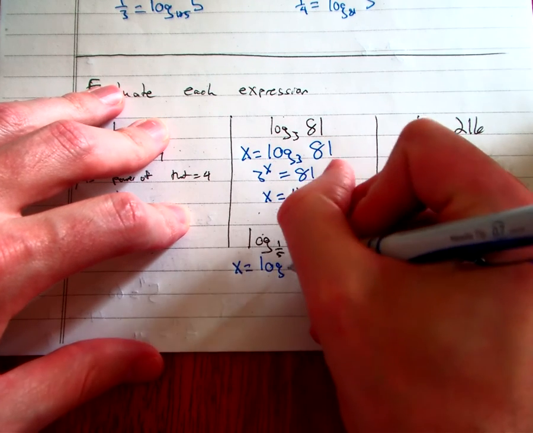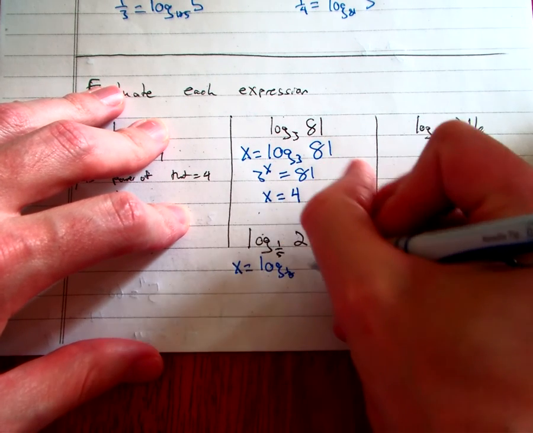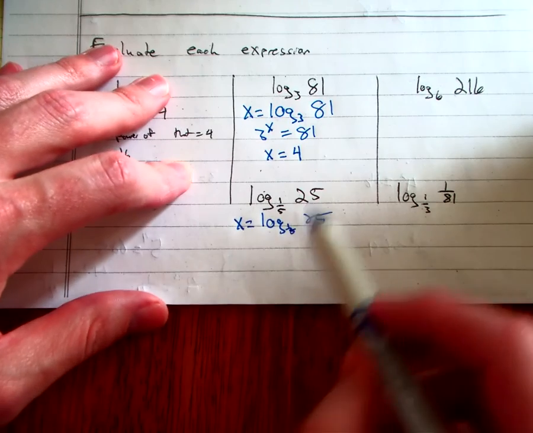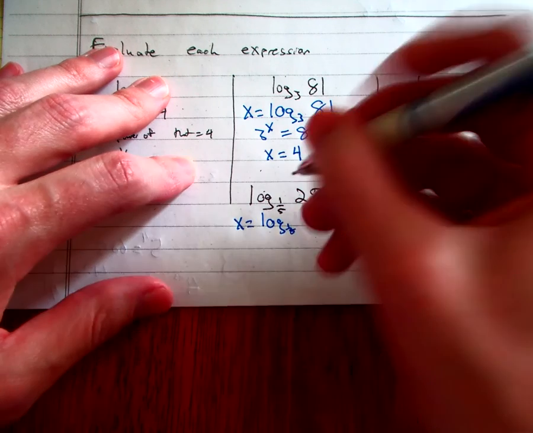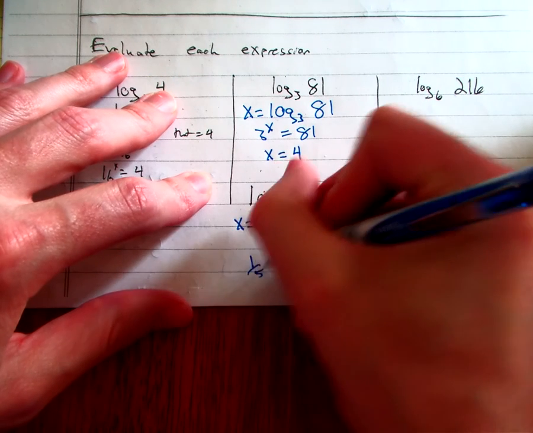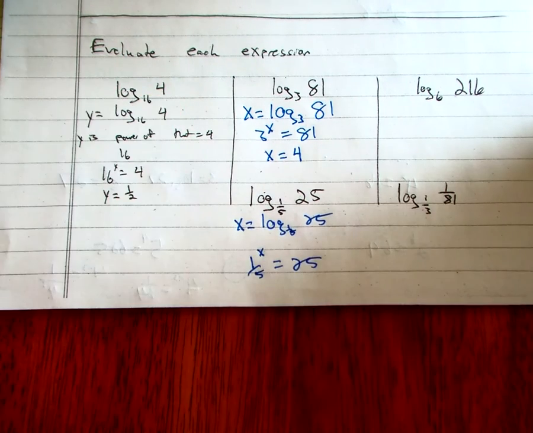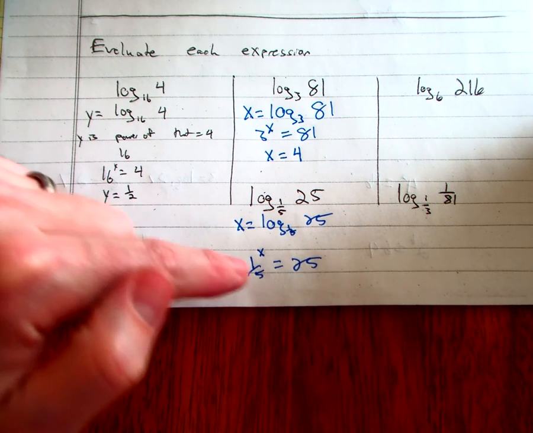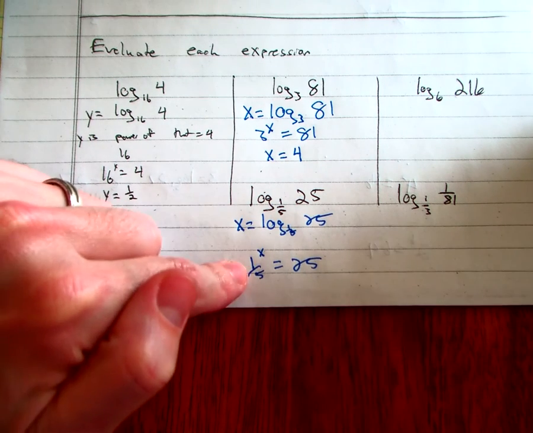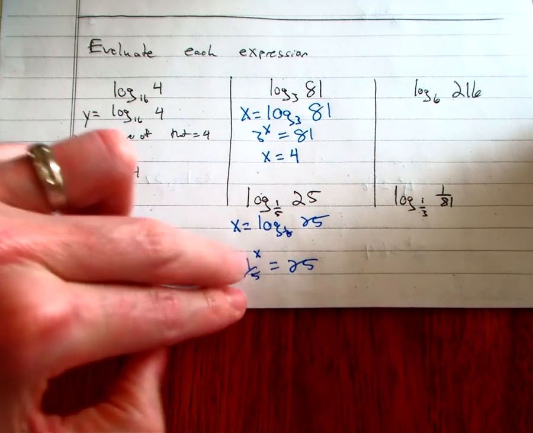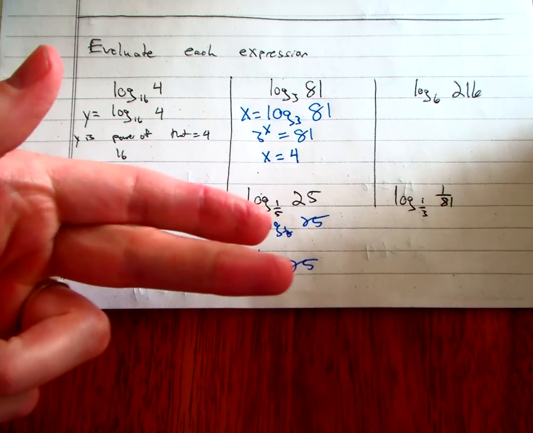X equals log base 1/5 of 25. X is the power of 1/5, so 1/5 to what power is going to equal 25? Okay, here's my thought process. This is a fraction, this one's not. So what would flip this upside down?